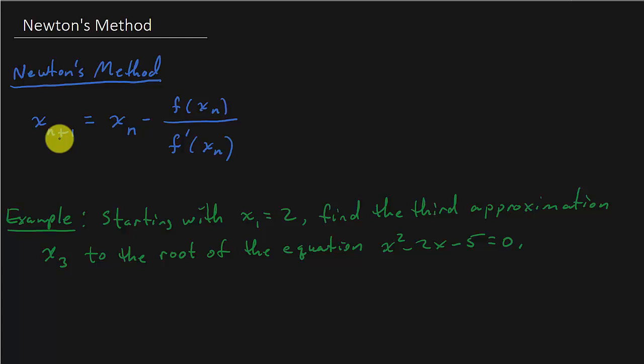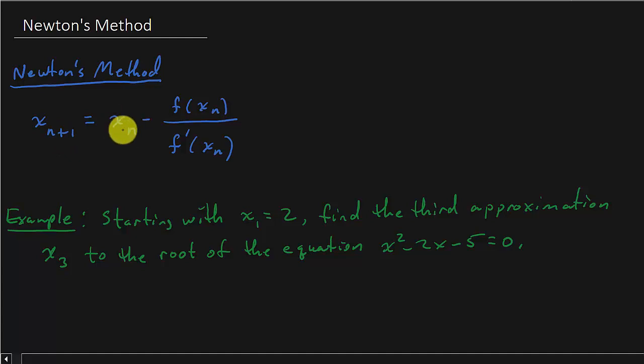But before we do, there are some instances where Newton's method would fail. For instance, if you made an initial guess of 2 here, and you plug the 2 into the derivative, you get 0. That would fail.